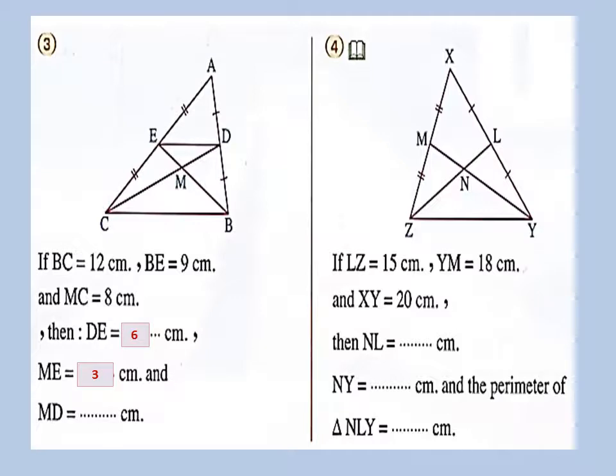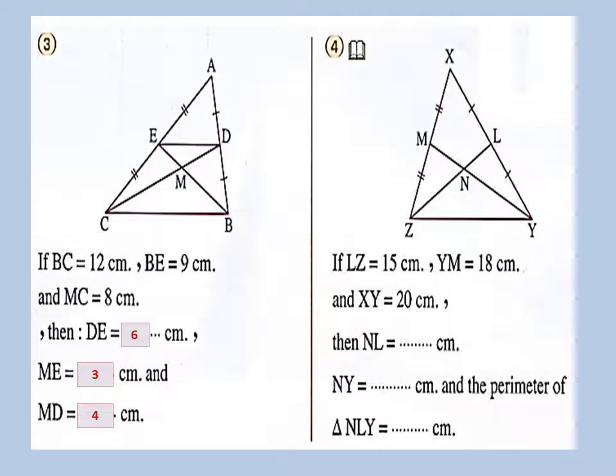MD also is a part from base. So it's equal to half the part from vertex. So MD will equal 8 divided by 2, which equals 4.